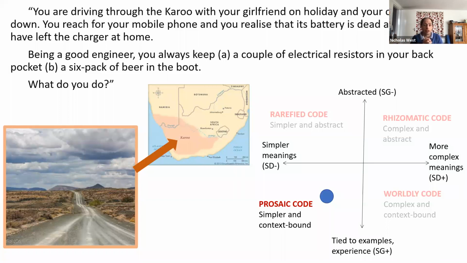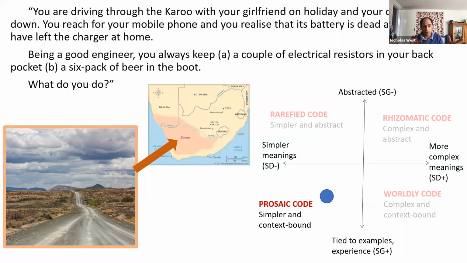So, problem situation: you're driving through the Karoo with your girlfriend on holiday and your car breaks down. For those who don't know, the Karoo is a remote, arid semi-desert in the center of South Africa. Distances between towns are large, and therefore having a car breakdown can be a huge problem.